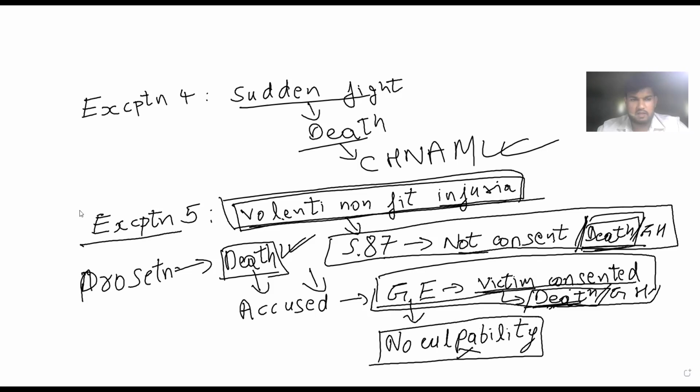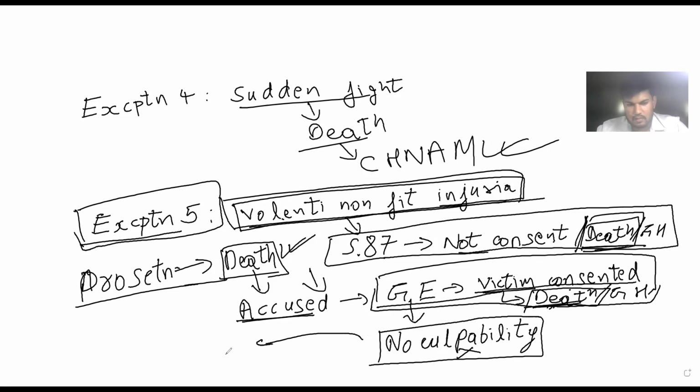Now he will come to exception 5 and try to reduce his culpability. Basically, he will try to prove that it was not murder, rather it was culpable homicide. By proving exception 5, the accused will try to prove that it was culpable homicide, and since it was culpable homicide, it did not amount to murder.